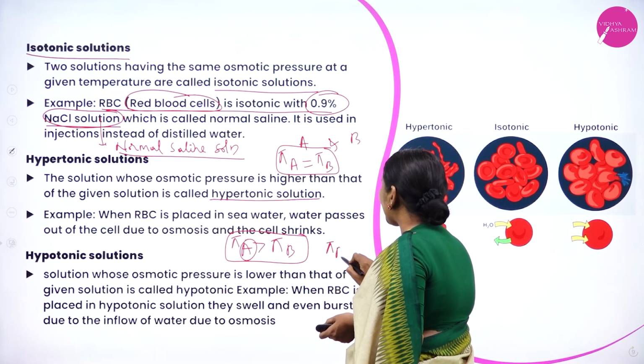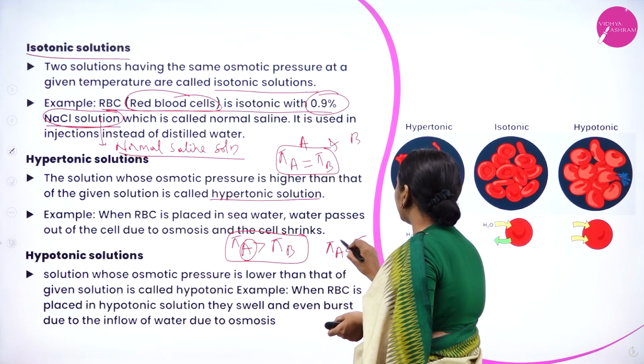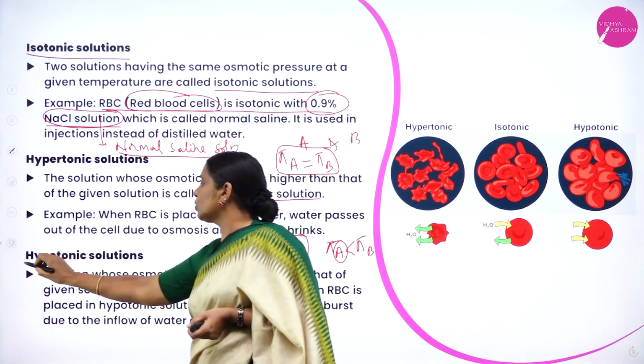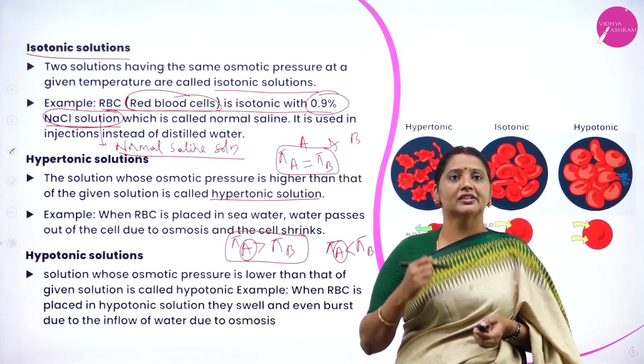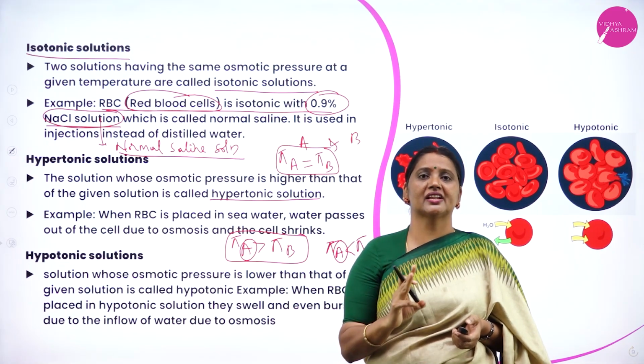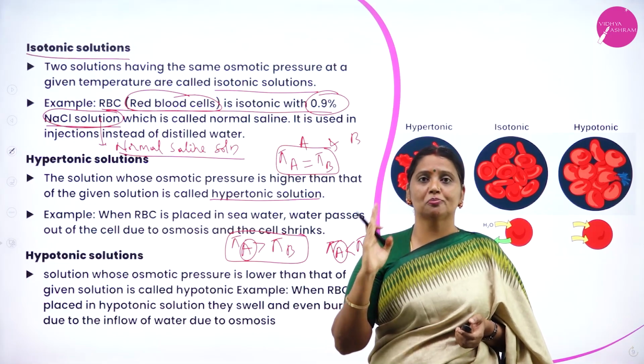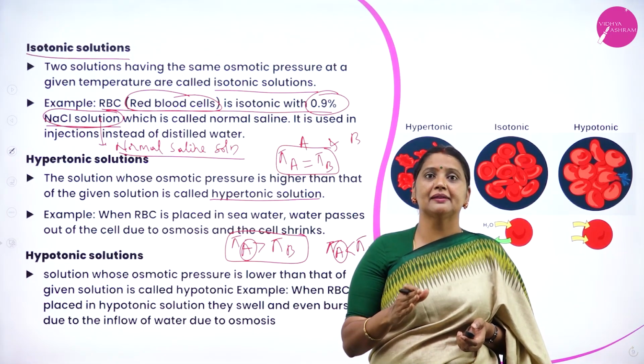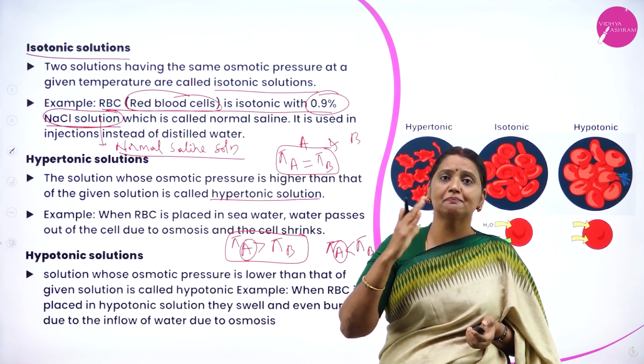If pi A is less than pi B, then A is called a hypotonic solution. Students, please remember three cases. Pi A is equal to pi B. Pi A is greater than pi B. Pi A is less than pi B.